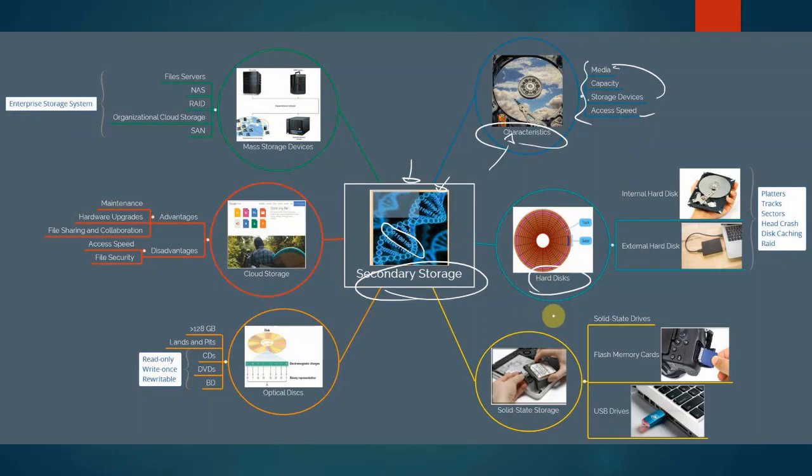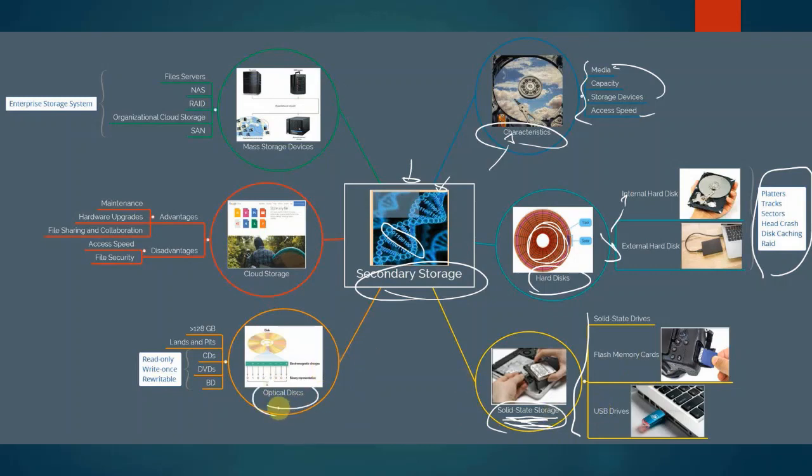The hard disk, whether internal or external, and the commonalities between internal and external in terms of characteristics. Going from a moving device to a device that's solid state, not moving. From flash cards to USB drives.